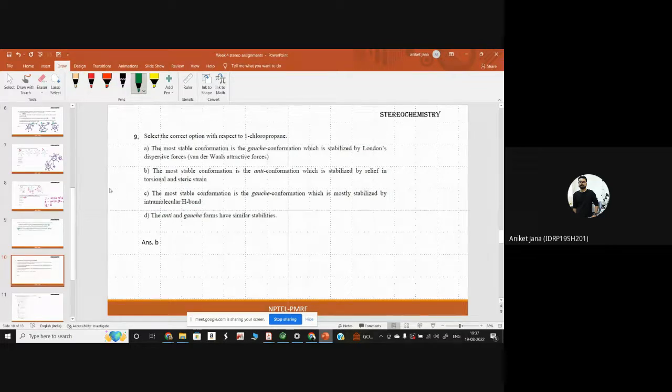Okay, so here it says to select the correct option with respect to 1-chloropropane. So let's draw the structure of 1-chloropropane. I am just drawing the staggered one, right?